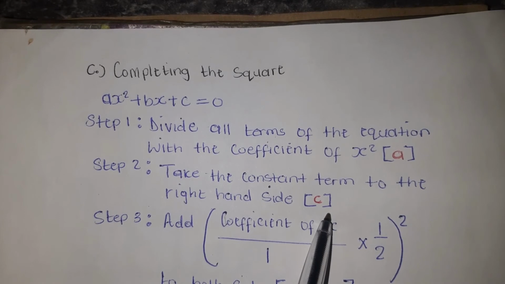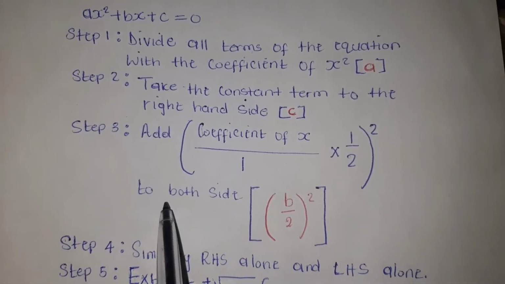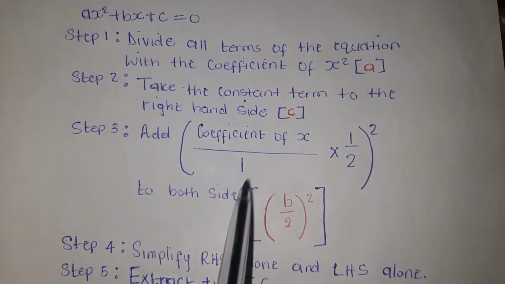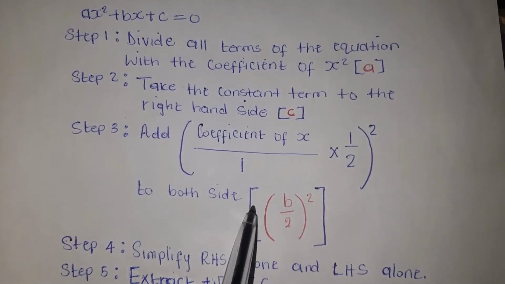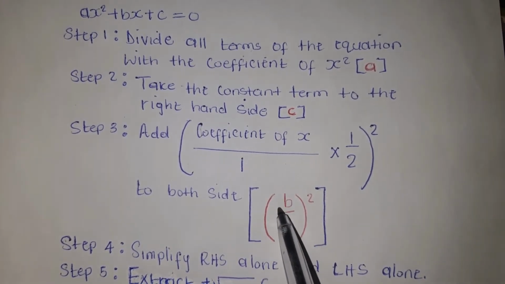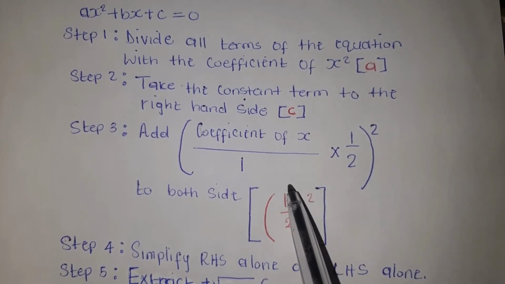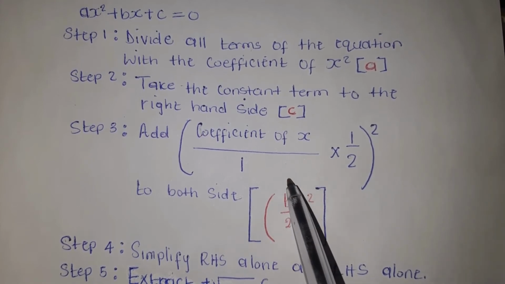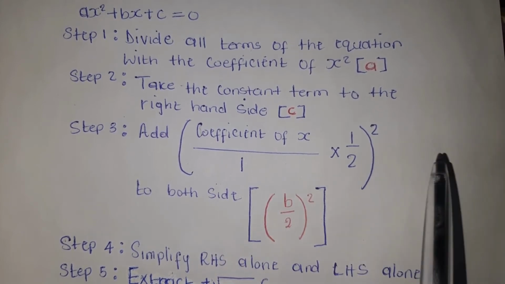And then step number 3, add the coefficient of x over 1 times 1 over 2, all squared, to both sides, meaning we add open brackets b over 2 close bracket squared to both sides of the equation.